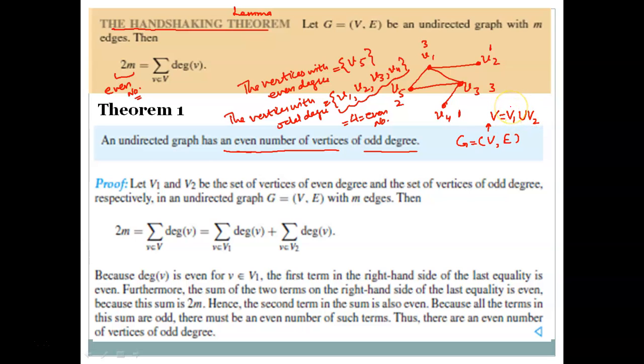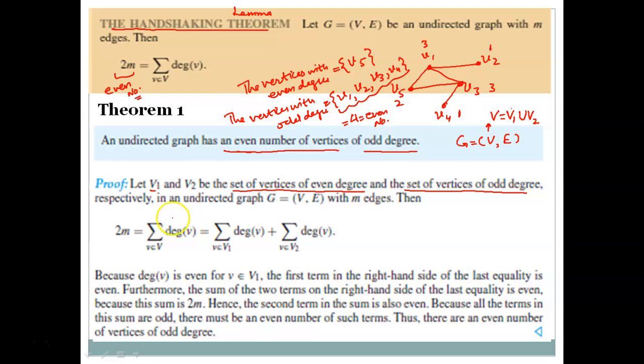V1 is the set of vertices which are of even degree, and V2 is the set of vertices which are of odd degree.